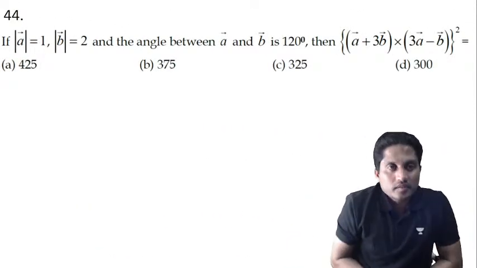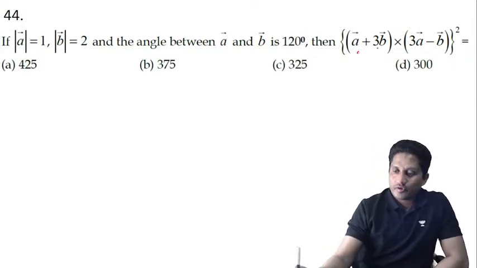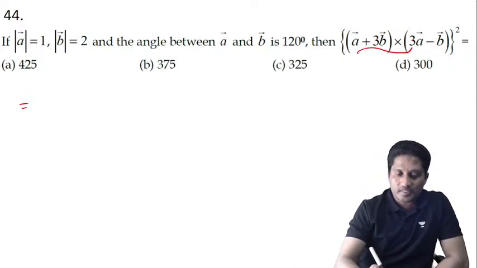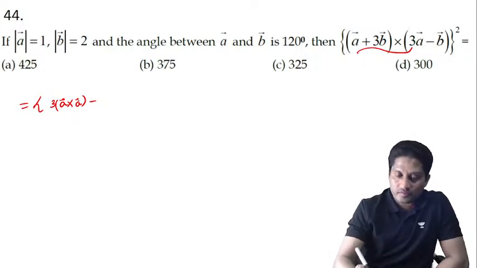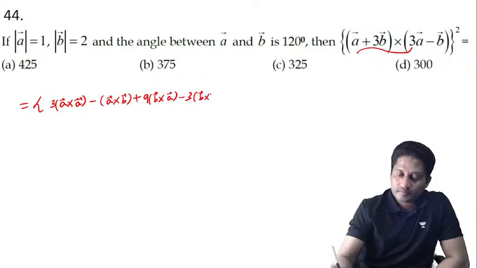See, if I want to find this value, right, whole square I'll keep as it is. This is 3 times A cross A, 3 times A cross A minus of A cross B, minus A cross B plus 9 times B cross A, and then minus 3 times B cross B. This is whole square.